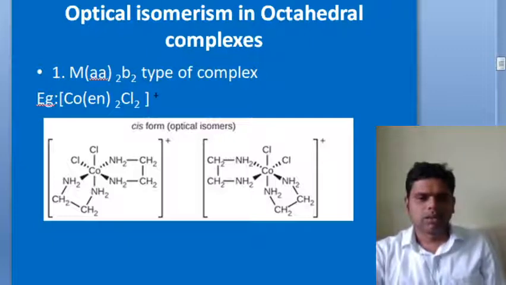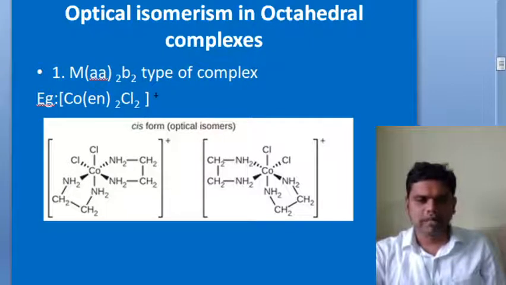In that, you can write cis form and trans form, but the trans form does not exhibit optical isomerism. Only the cis form exhibits optical isomerism. In the cis form, two chlorines are close to each other with 90 degrees of separation, and if you write its mirror image, then they result in optical isomers.